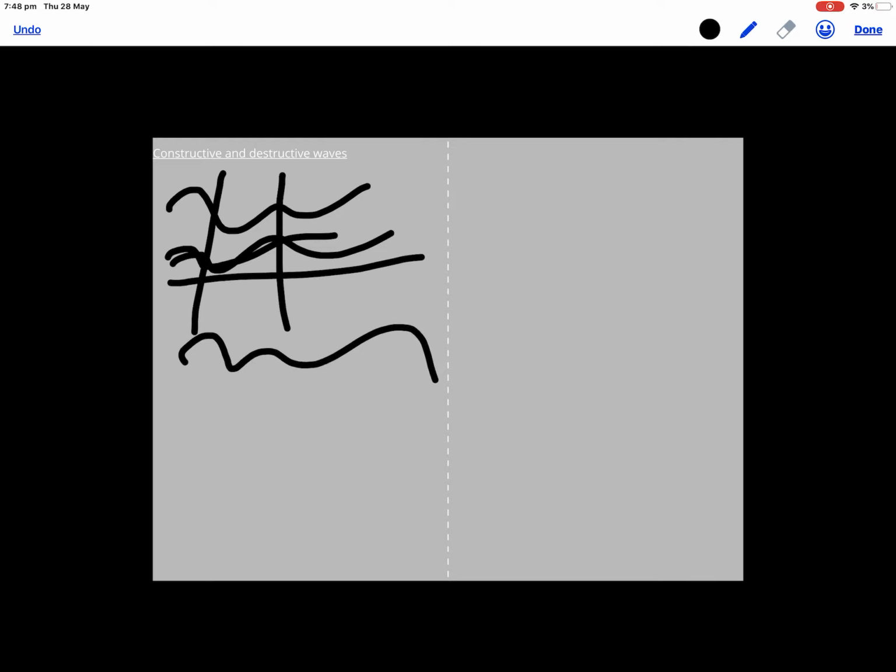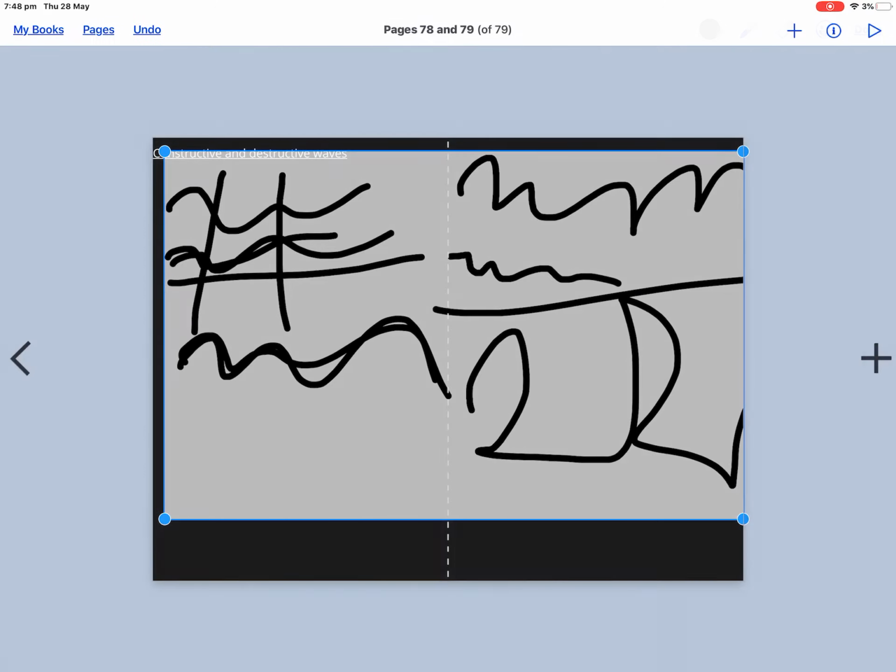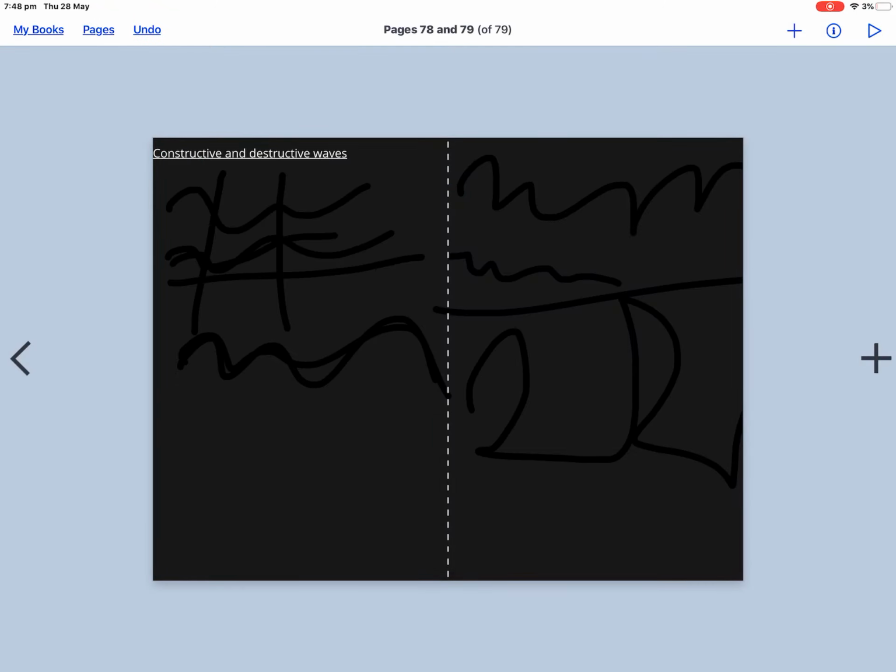So they will add up to make this kind of wave. They have to be in sync or be coherent. For a destructive wave, let's say it will turn like maybe this. I don't know, but they will cancel out. So those are constructive and destructive.